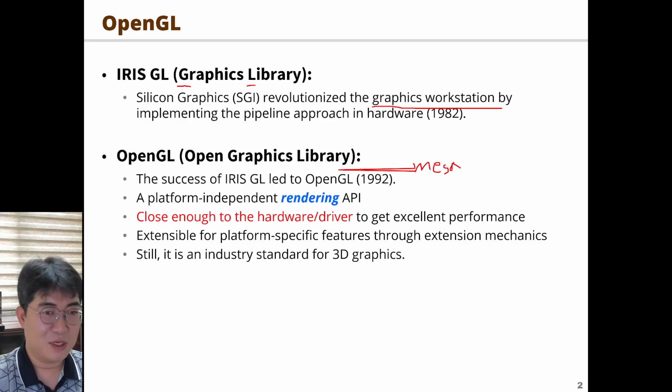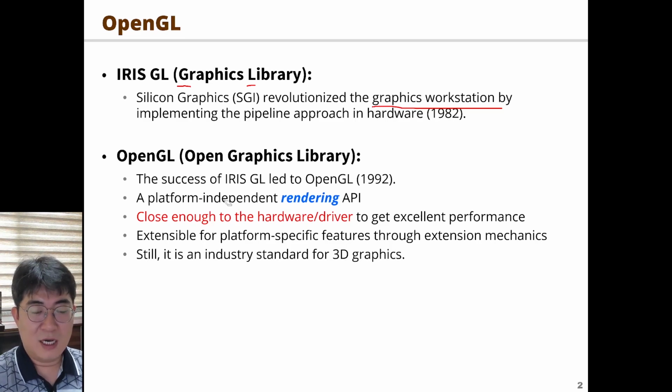So that is the meaning of the open. In 1992, Silicon Graphics opened Iris GL to the public domain and renamed it to OpenGL. So we are still using OpenGL.